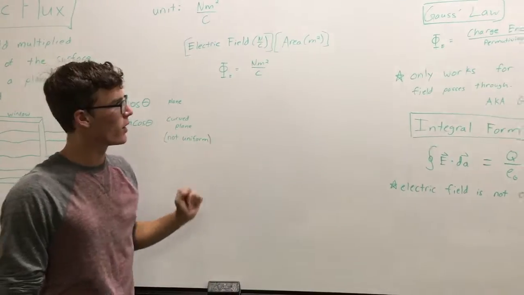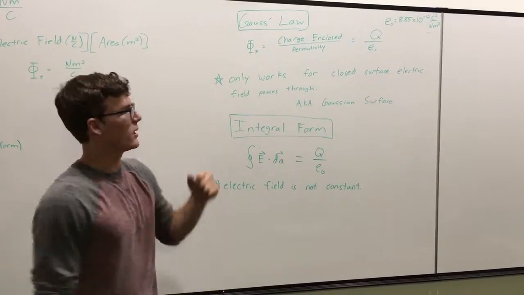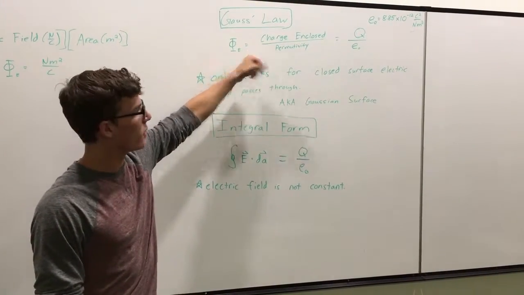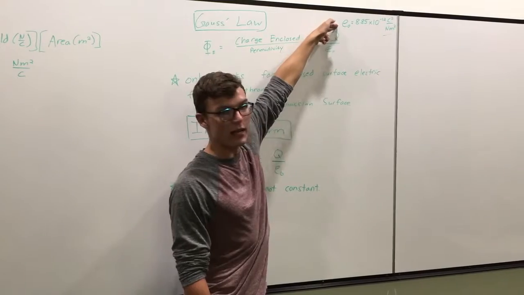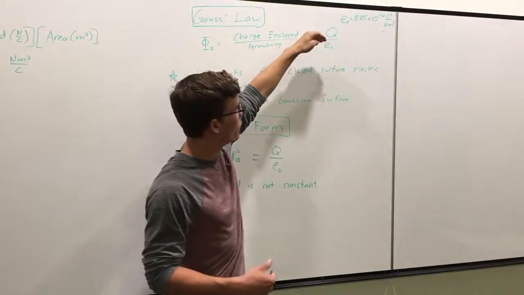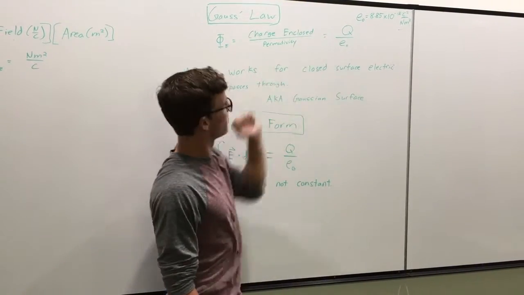Now, the law that you use in relation to flux is Gauss's law, which is just the charge enclosed over the permittivity. The permittivity, E naught, equals 8.85 times 10 to the negative 12 Coulomb squared over Newton meter squared, and Gauss's law gives you Q over E naught.